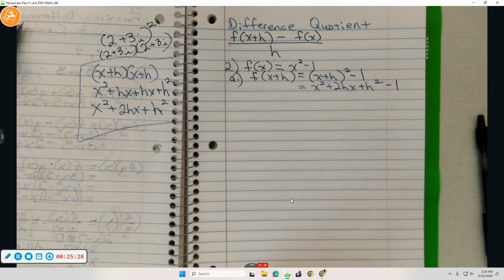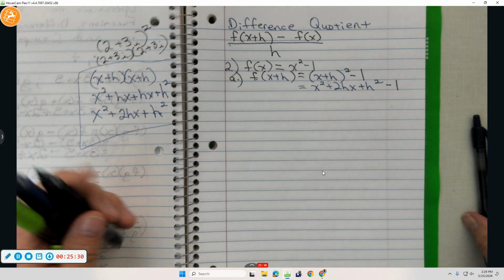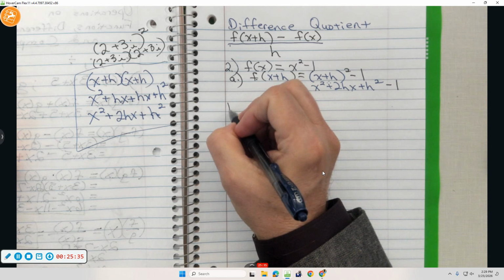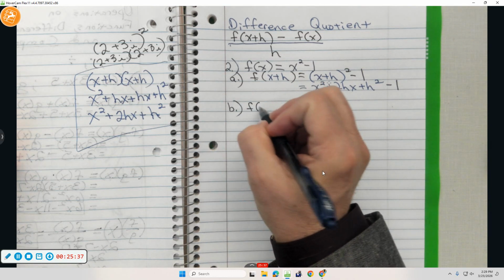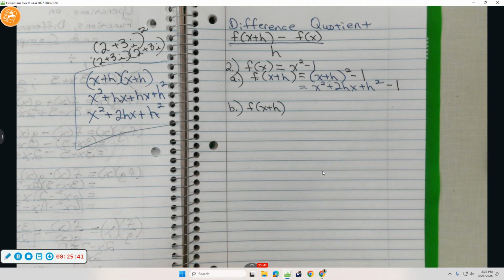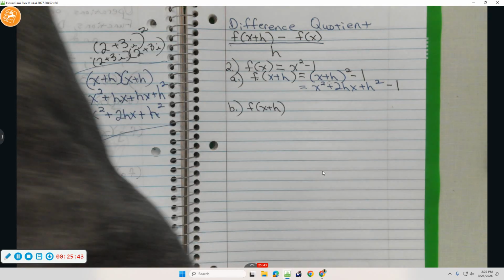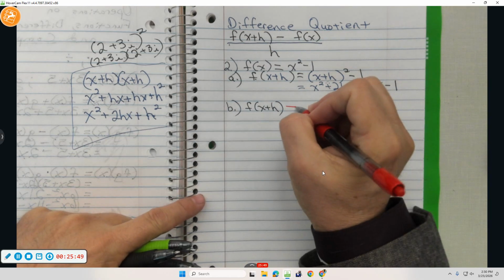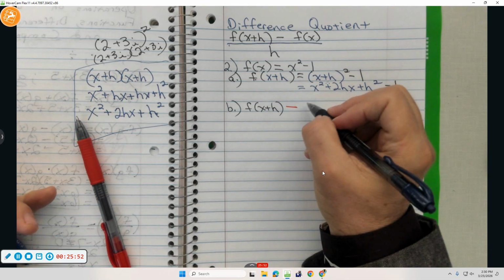So if you understand what they're asking you to do with this part B, you're going to take what you just found, f of x plus h, minus f of x.